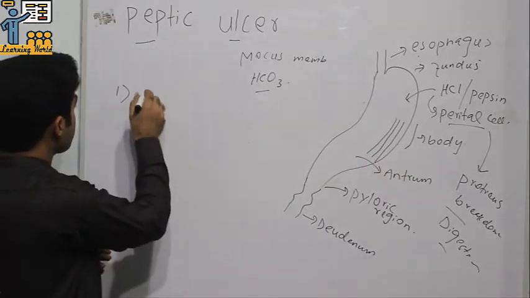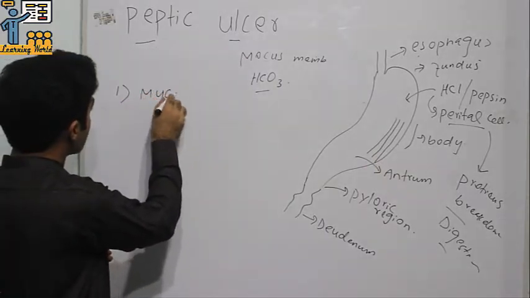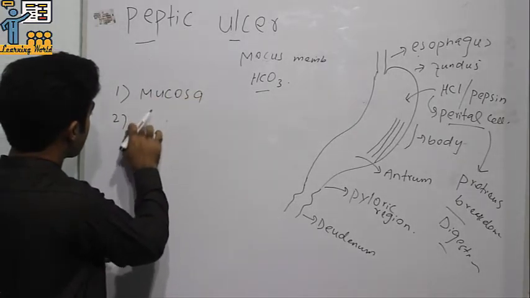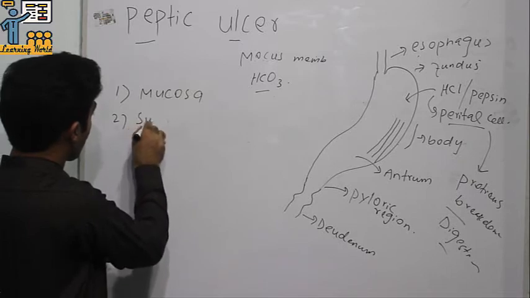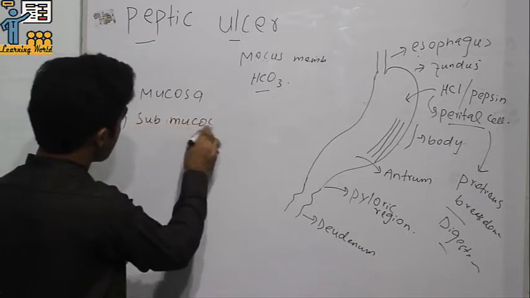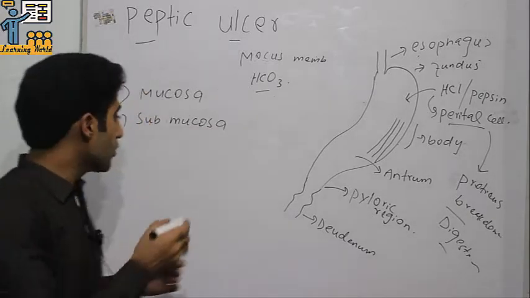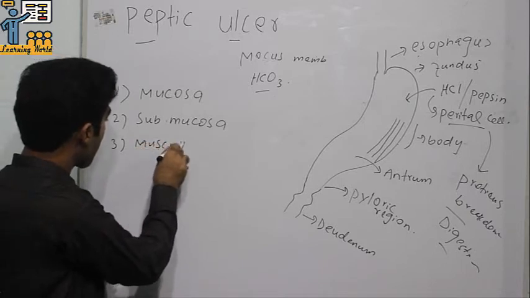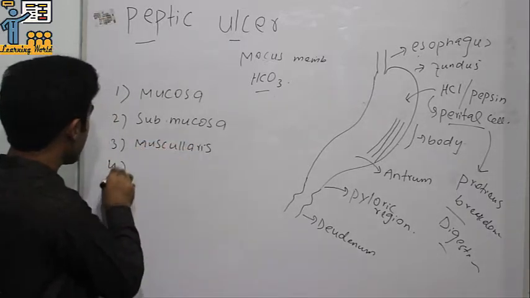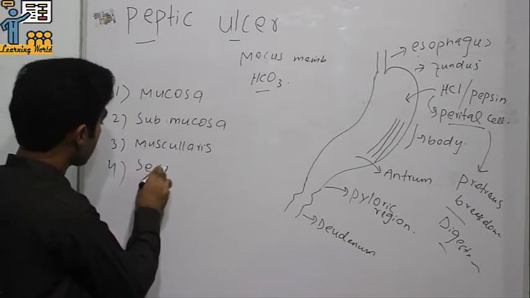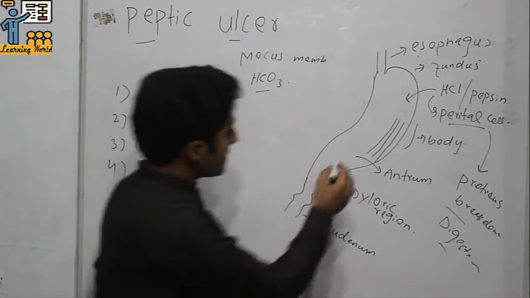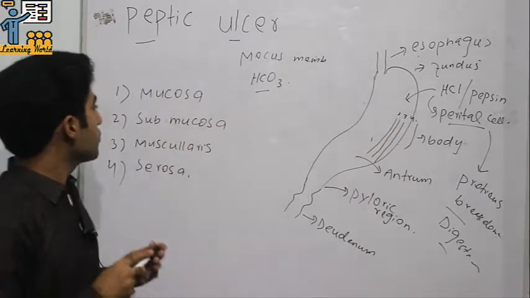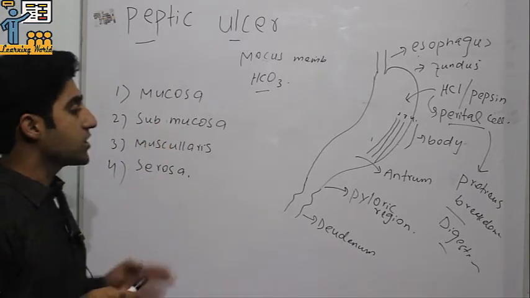The first layer is the mucosa, the second is the submucosa, the third is the muscularis, and the fourth is the serosa.